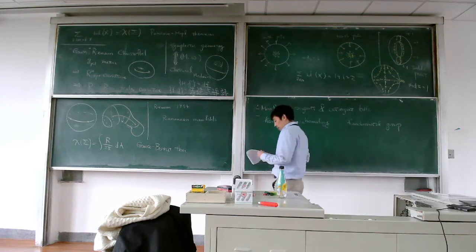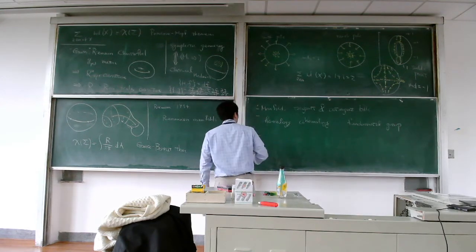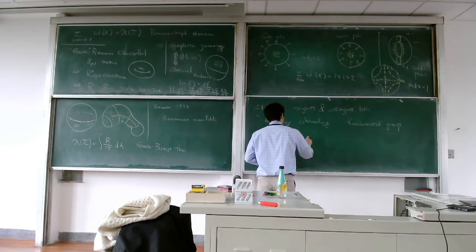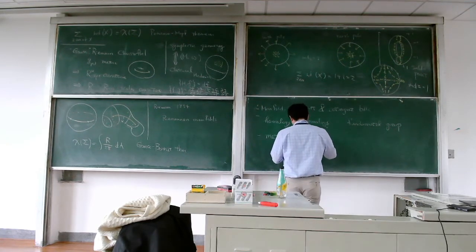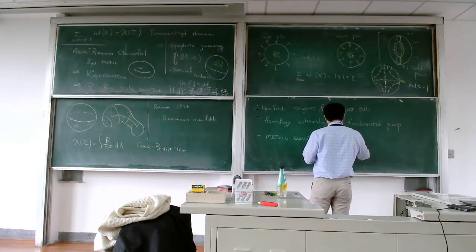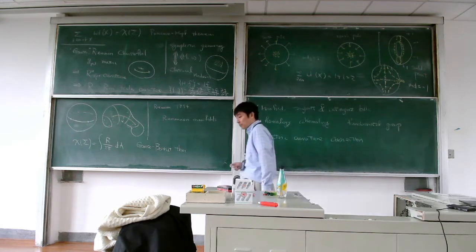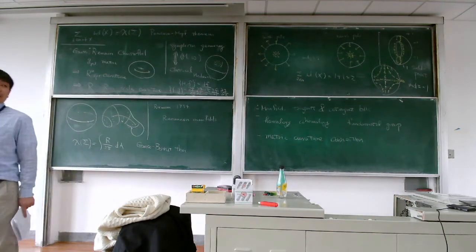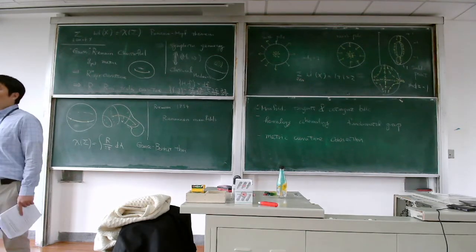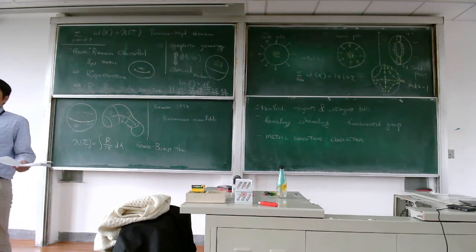And also, for a Riemannian manifold, you have to introduce metric, curvature, connection, and so on. So these are very, very basic tools to understand high dimensional manifolds. It turns out that it's very important to understand even physics.